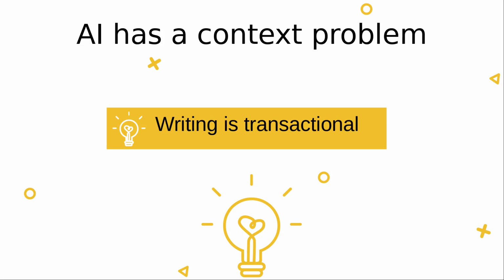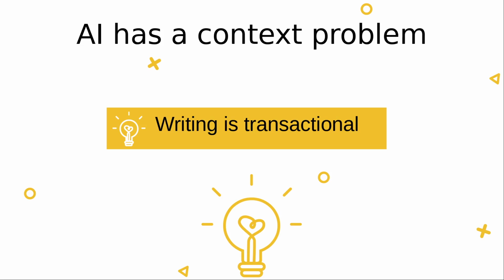But the idea that writing is transactional, there's something that's going to get done. There are going to be writers with intentions. There are going to be purposes behind that writing that are part of a larger social context. And those are different. But then AI has a context problem in a little bit of a different way because it doesn't spend time in any of the contexts where we write and work.